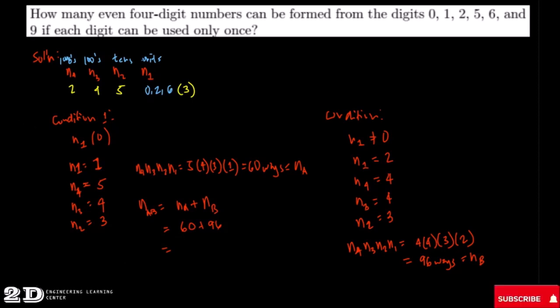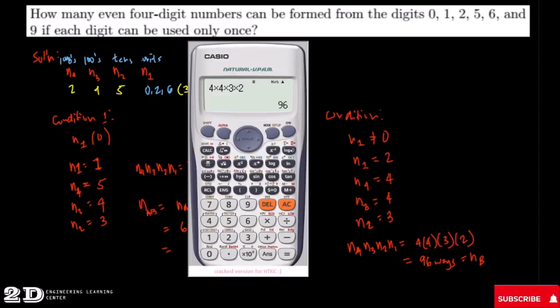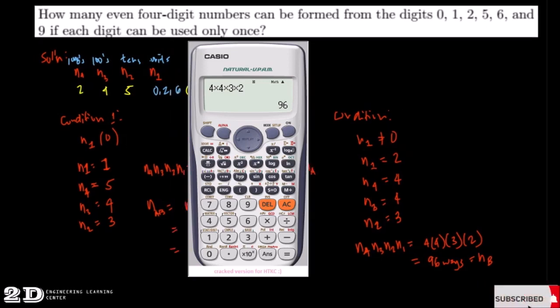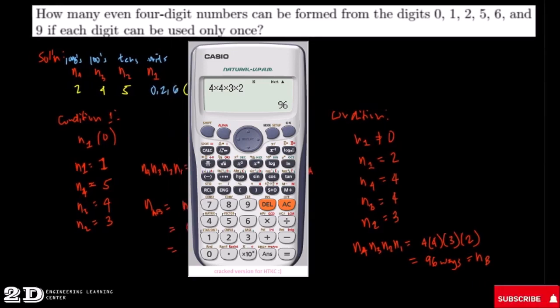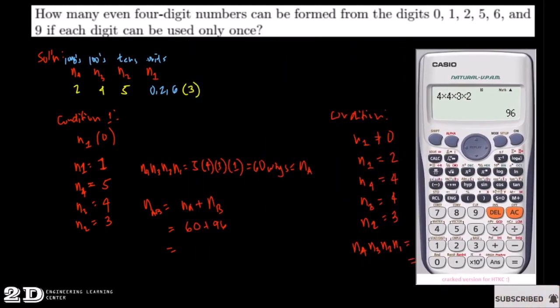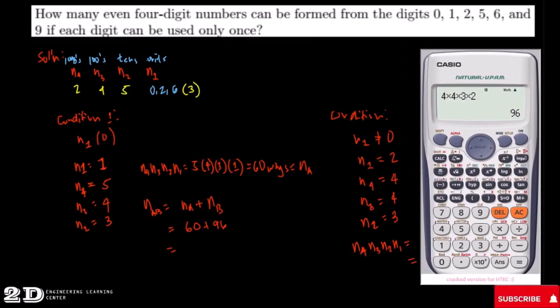Let's just use our calculator. So 60 plus 96, we have 156.